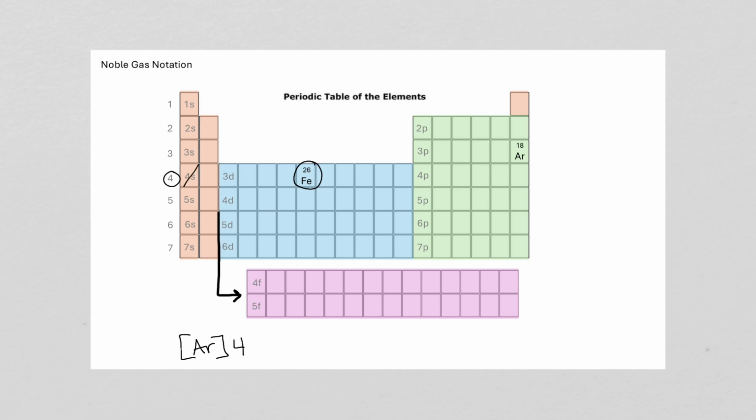So I'm in my 4s, so that's 4s2. And then I come over and I'm in my 3d, 3d, 1, 2, 3, 4, 5. So my electron shorthand notation, noble gas notation, for iron is argon 4s2, 3d5.